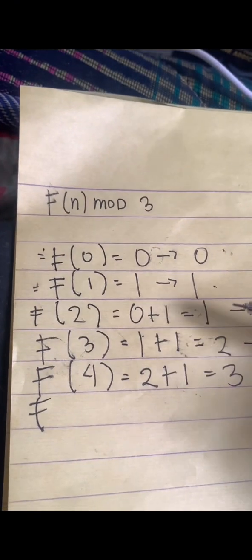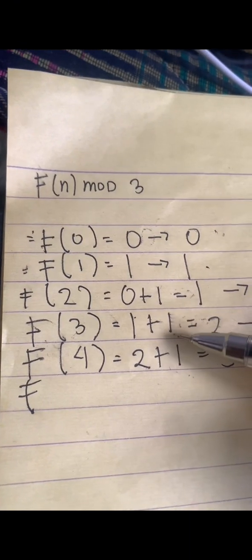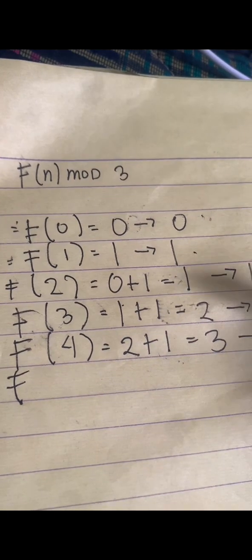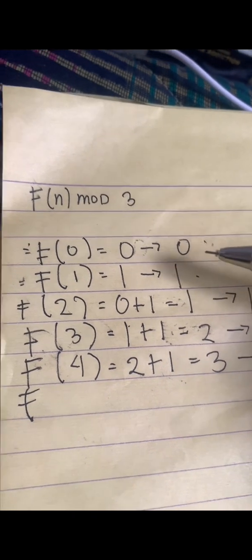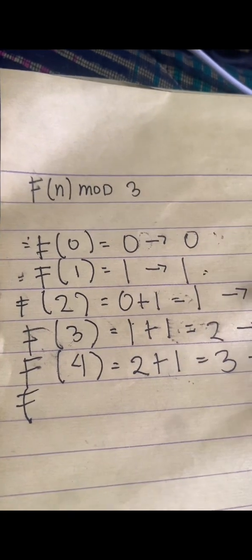So we have here our sequence 0, 1, 1. F sub 3 is the sum of the two numbers before it, so 1 plus 1 is equal to 2. So our sequence right here is 0, 1, 1, and 2. And for F sub 4, we have 2 plus 1 is equal to 3.